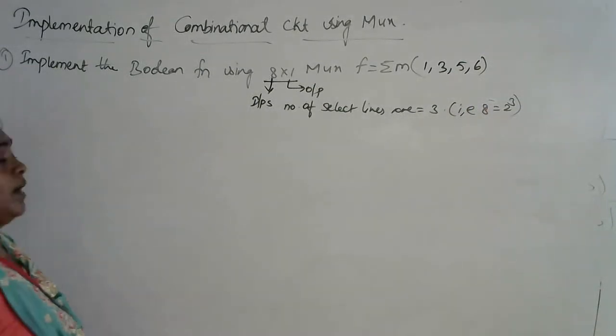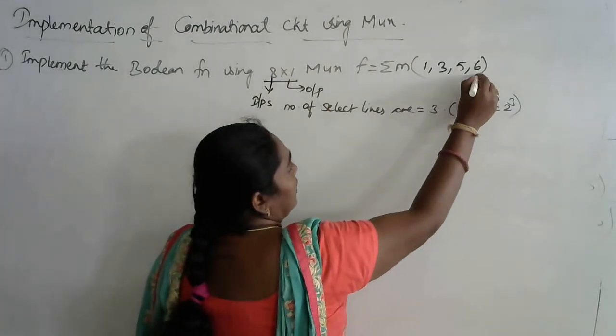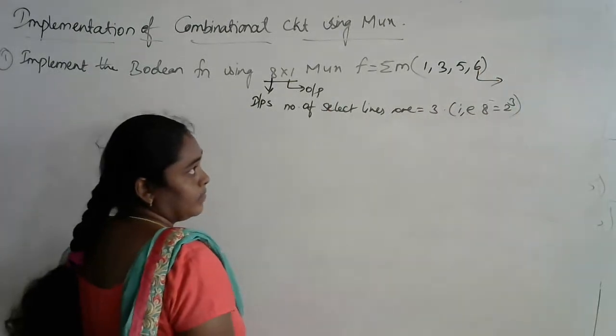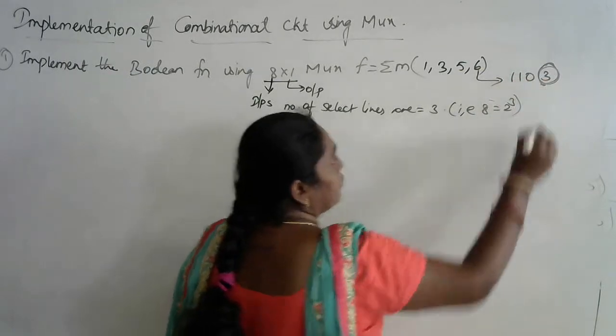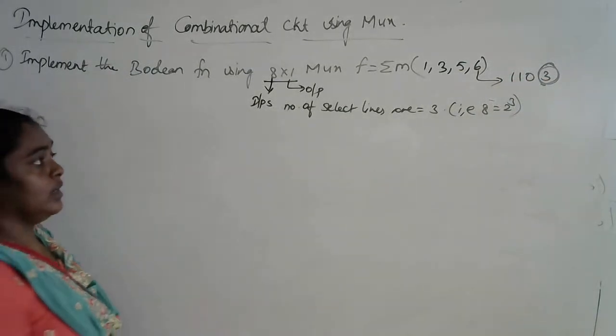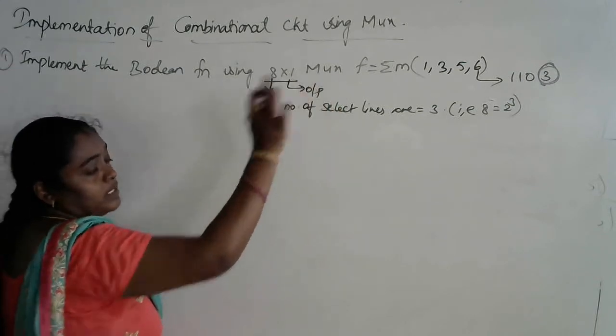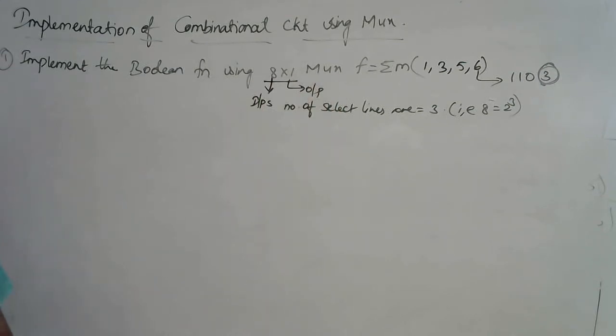If you observe this sigma m value, the highest value is 6. The 6 equivalent is 110, which consists of 3 bits. So here the number of select lines should be equal to the number of bits.